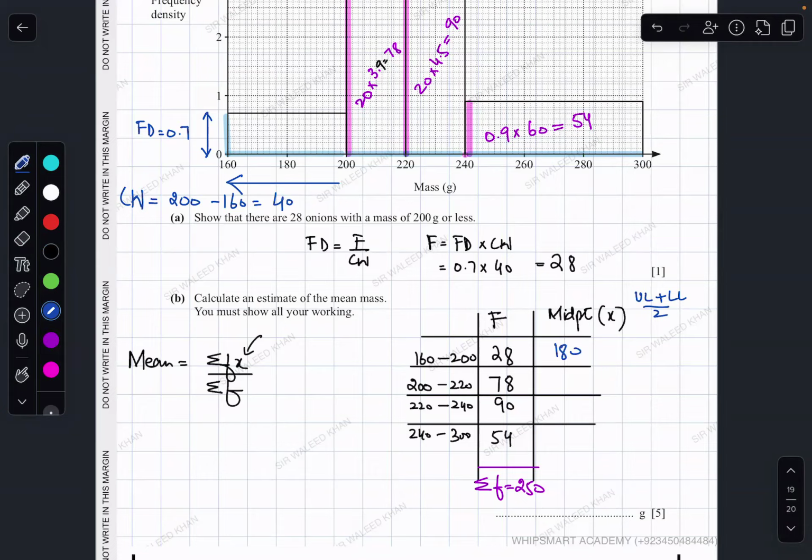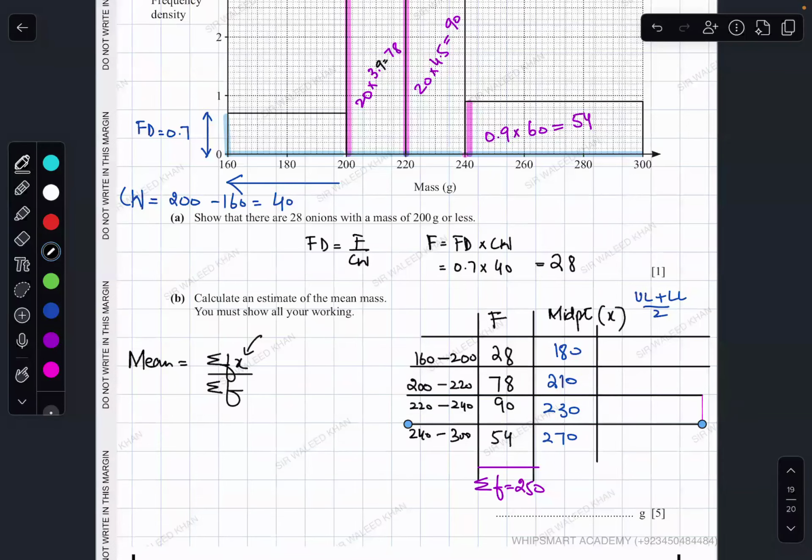Next one: 210. Next: 230 and 270. Yes. All you have to do is multiply these two columns, and you get the value of fx. You can also do all of this directly with the numerator and denominator, multiplying these values directly.